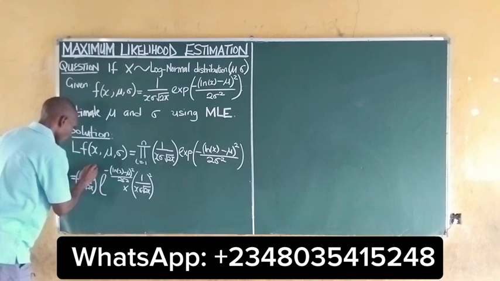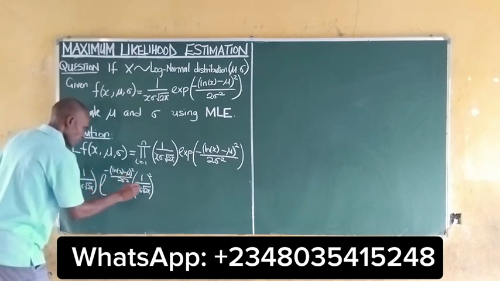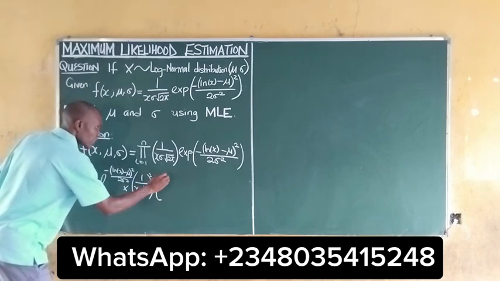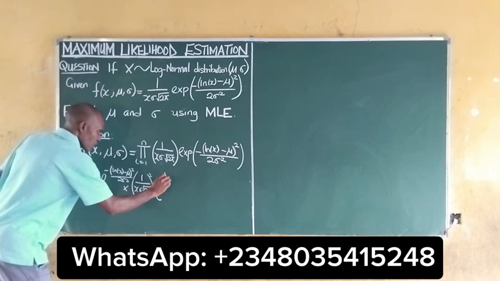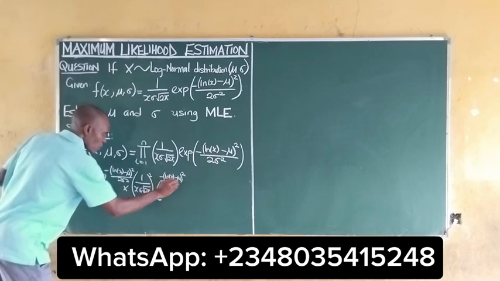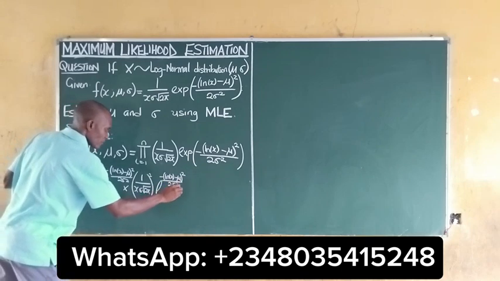The second one, this is the first, this is x i, exponential negative the ln of x minus mean all squared all over 2 sigma squared.